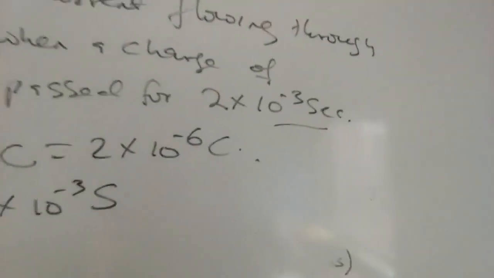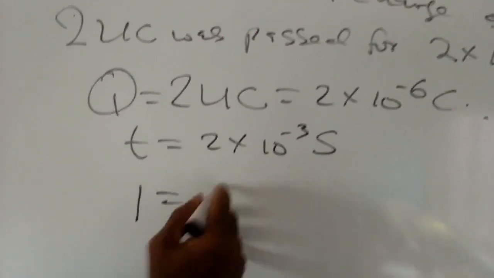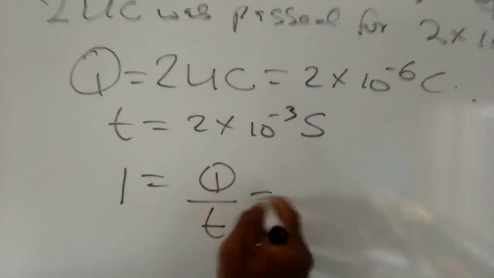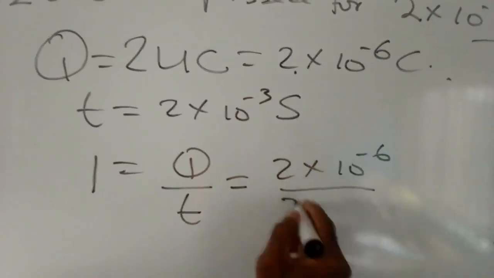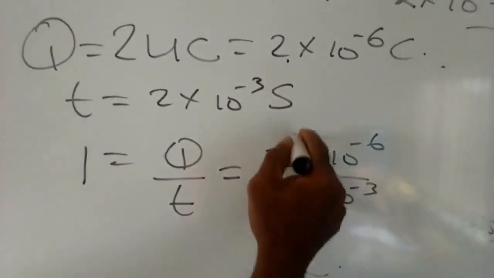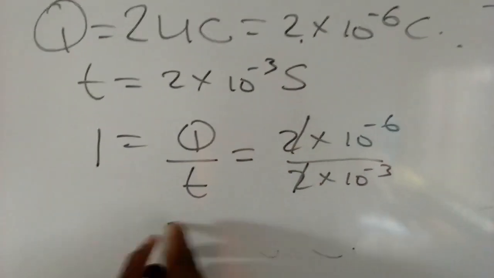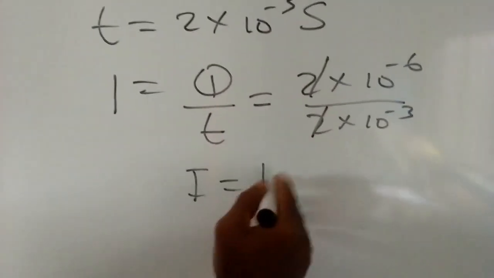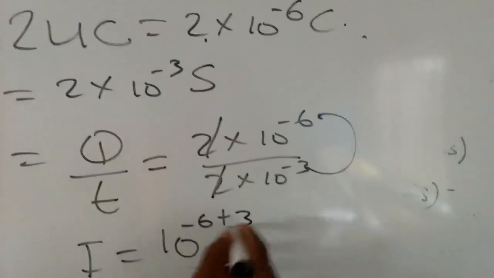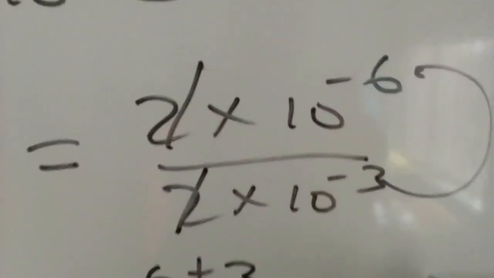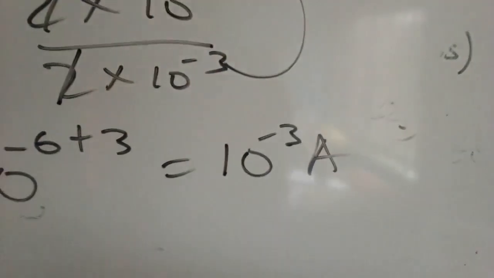So current is Q over T. Our Q is this, while our time is that. So 2 cancels 2. We apply the law of indices, 10 to the power minus 6, then this going up becomes plus 3. That gives us 10 to the power minus 3 amperes. Current is measured in amperes.